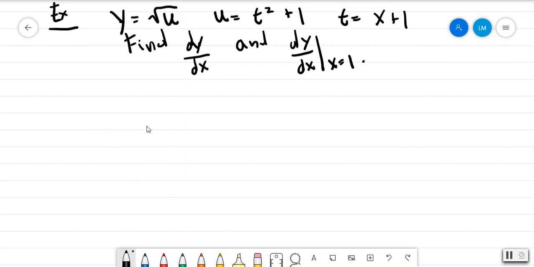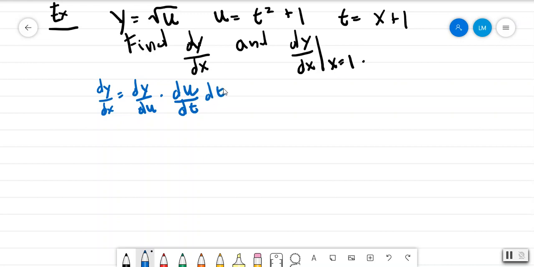Okay, so accordingly, according to our short method of chain rule where we just multiply each derivative, we have dy/dx equal to dy/du multiplied by du/dt, then multiplied by dt/dx.